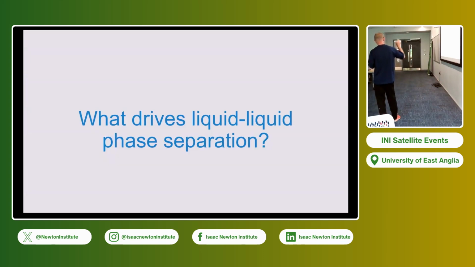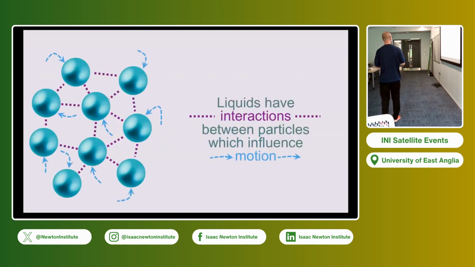So this was a little bit basic, just to set the scene. But what drives this liquid phase separation? So we think about a liquid, quite different from a gas. An ideal gas has no interactions between particles. Liquids have very strong interactions between the particles, changes in motions, the number of neighbours are much more constant.